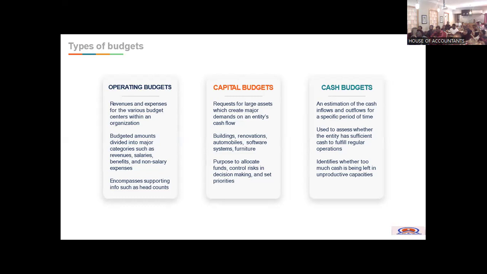Then cash budget, an estimate of the cash inflows and outflows for a specific period of time. What will be our receivable? You project from the total sales we are going to have; our receivable should not be less than, say, 80% that we are going to receive.